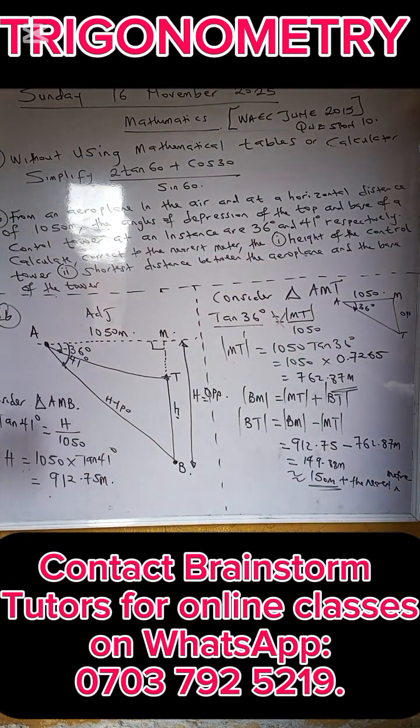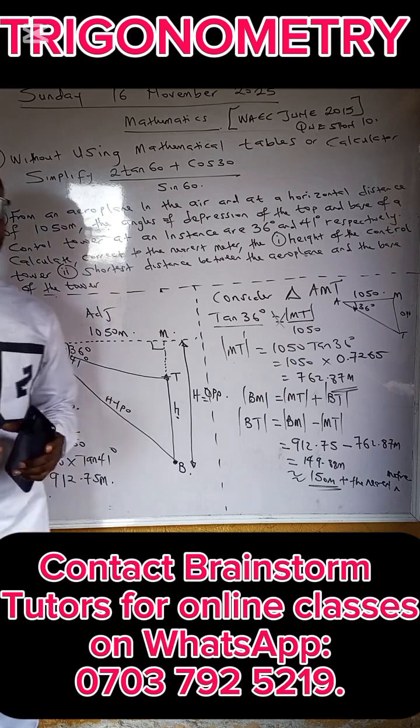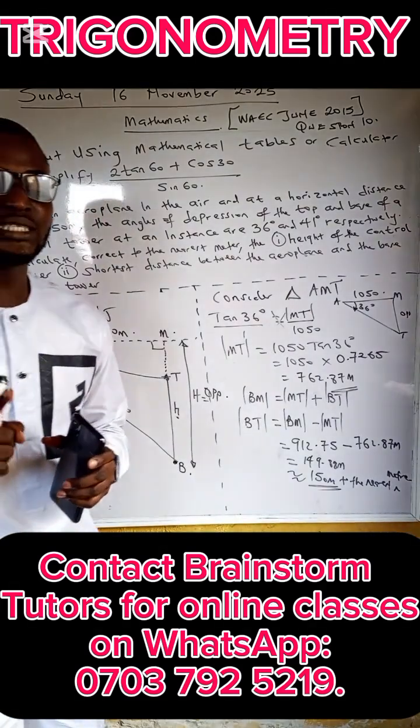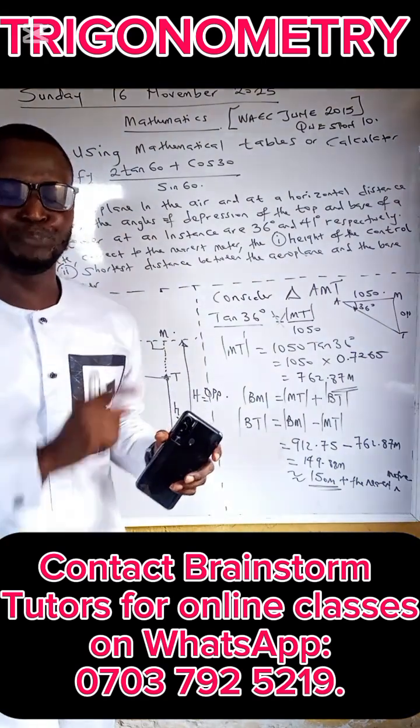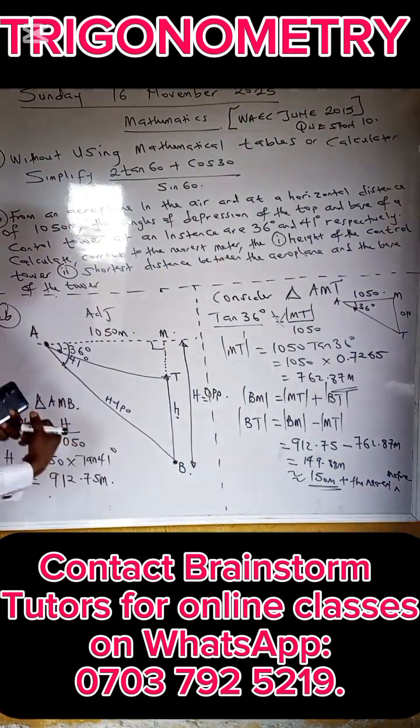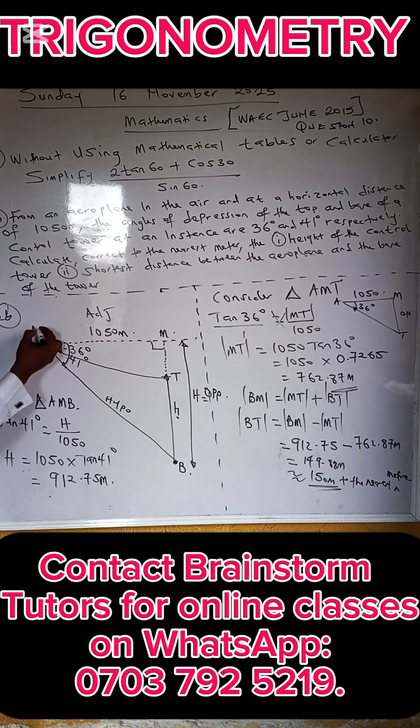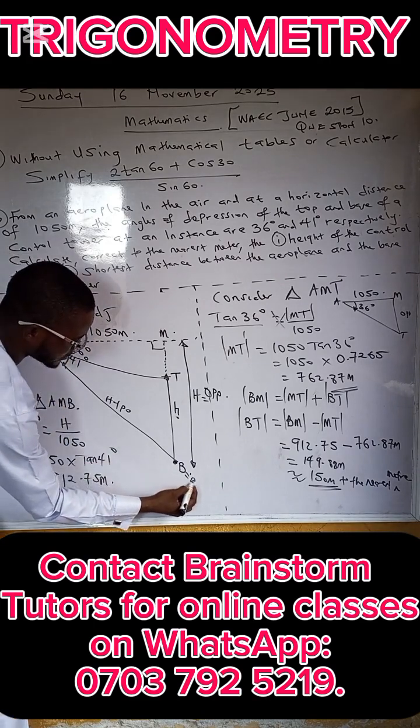Now, the next thing we need to do, they ask to find the shortest distance between the aeroplane and the base of the tower. So always remember that the shortest distance is the slant height. That means the distance from the aeroplane to the base of the tower directly. This A represents my aeroplane, and this is my base.